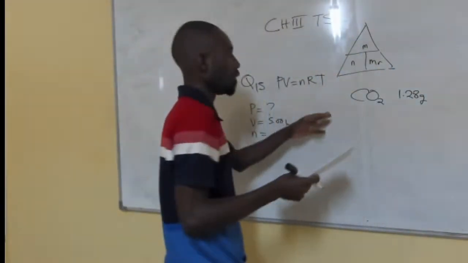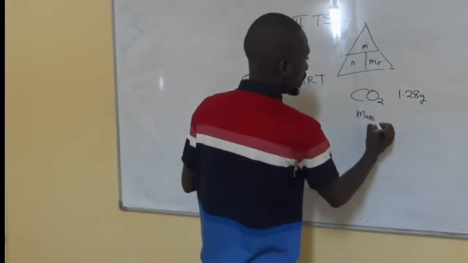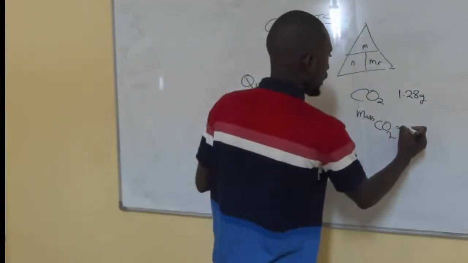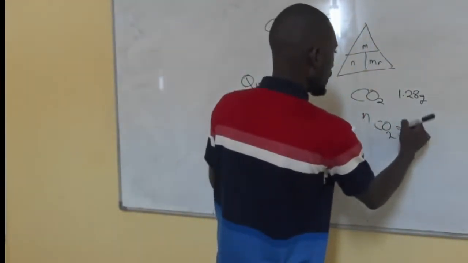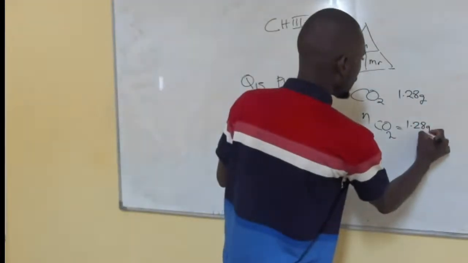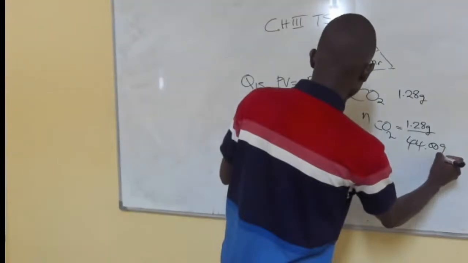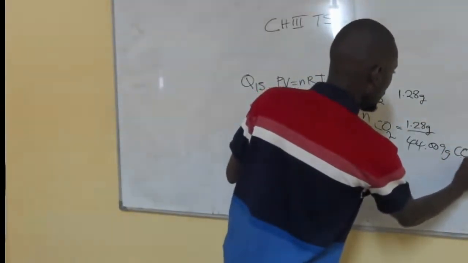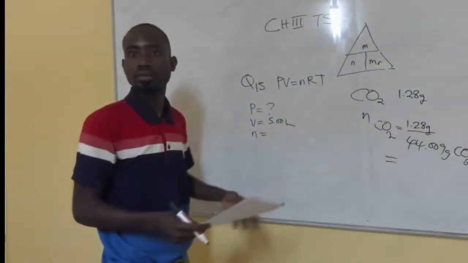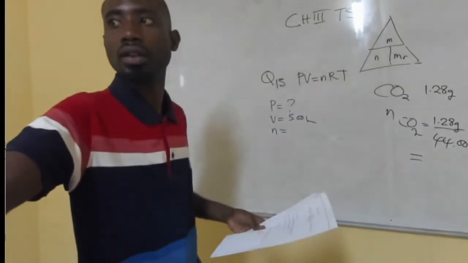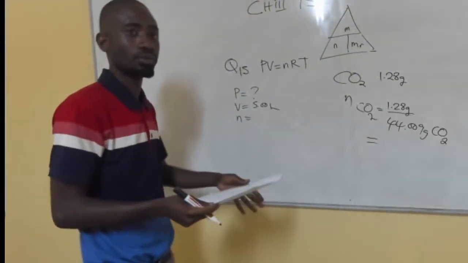Of course, now we need to say the number of moles of CO2 is the mass over the molar mass, so we can say 1.28 grams divided by, as you all know, 44.00 grams. This is carbon dioxide. So then we have that one.